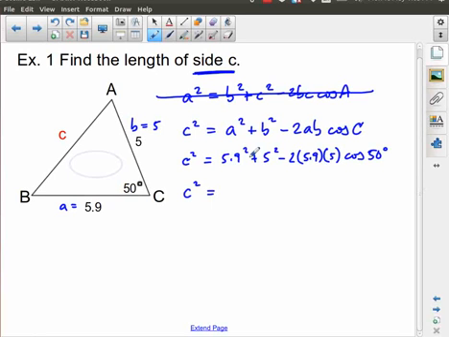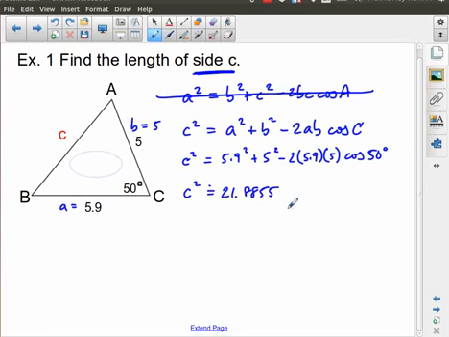I'm using a different calculator than I'm used to here, so there's my squared button, plus 5 squared, which of course is just 25, minus 2 times 5.9 times 5 times the cosine of 50. I make sure my calculator is in degree mode, and I end up with approximately 21.8855.